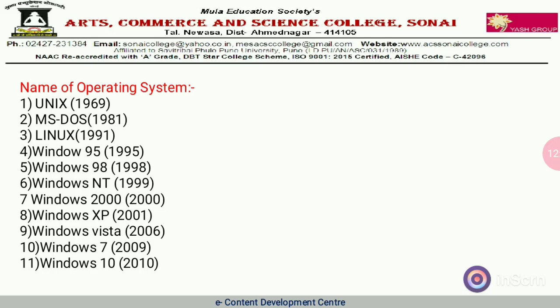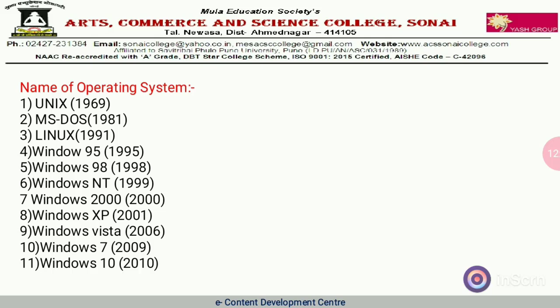Next, in 1999, one more advanced version of Windows was introduced, named Windows NT. Then in 2000, one more advanced version was introduced, named Windows 2000. In 2001, Windows XP, one more advanced version of the operating system, was introduced.